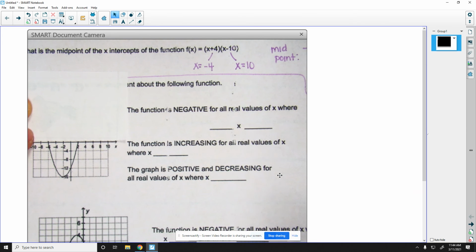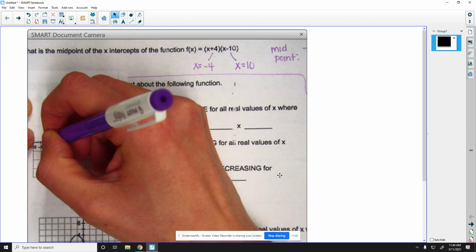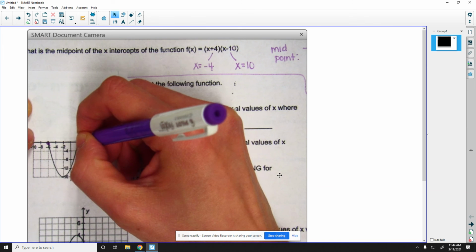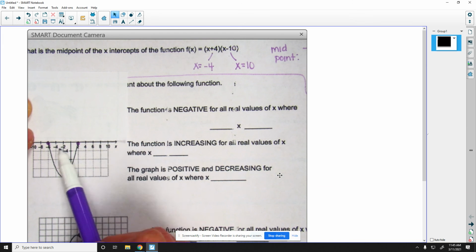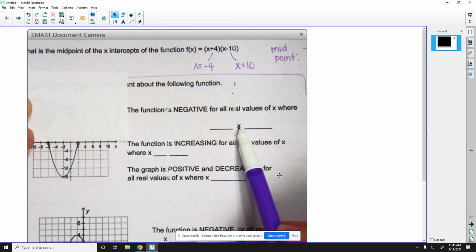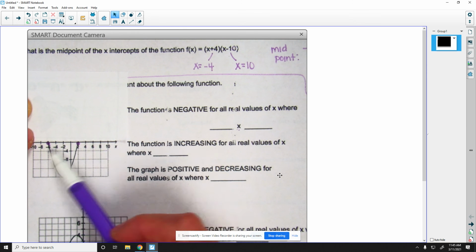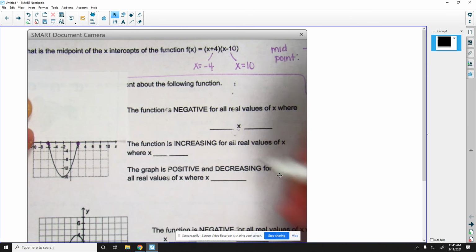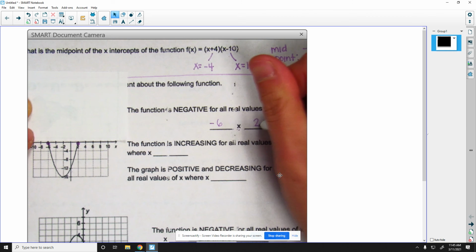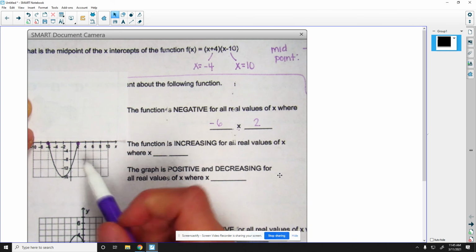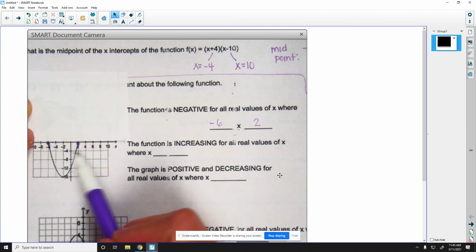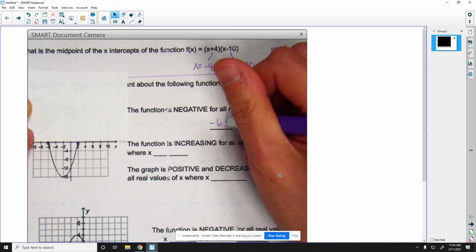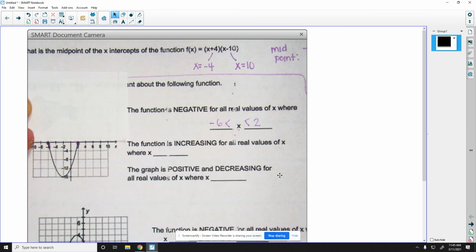Yeah, so do you see how it's actually going from -6 to +2? And the reason why I'm looking at the x-axis is because it's talking about the x's right here, right? The answer has the x in there. It's not talking about the y-axis, it's talking about the x-axis. So I'm going from -6 to +2. That's my range. From here to here, my picture is negative, and my alligator is always to the right.